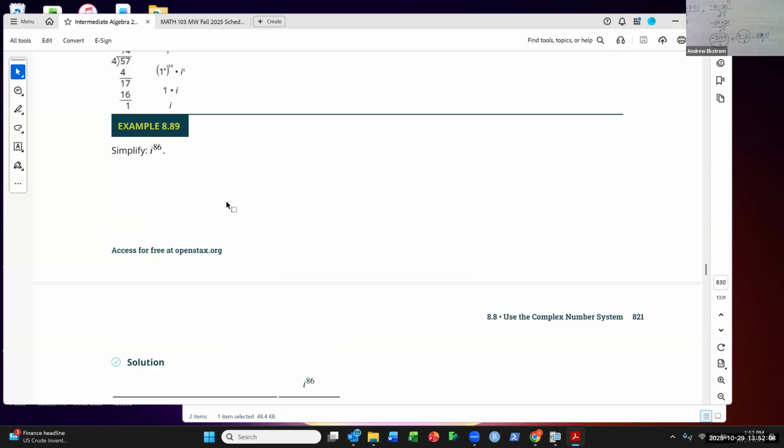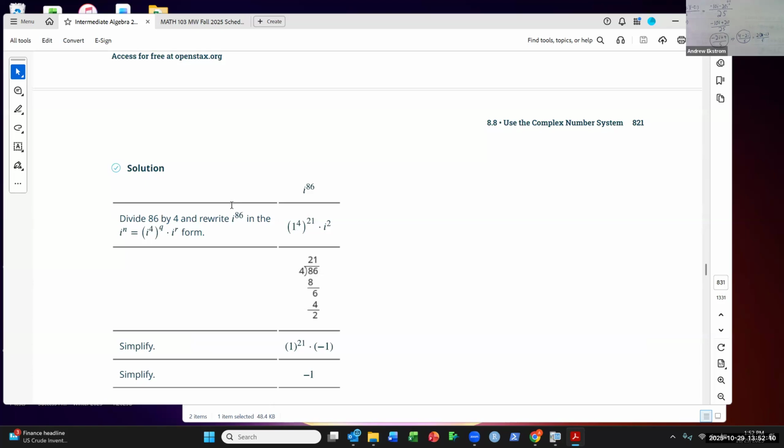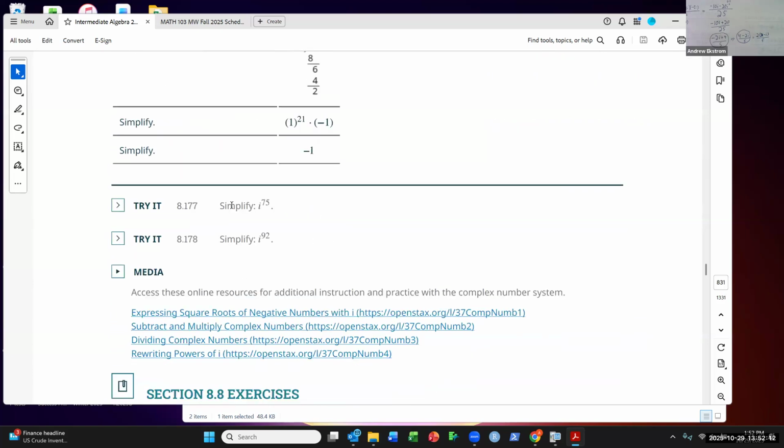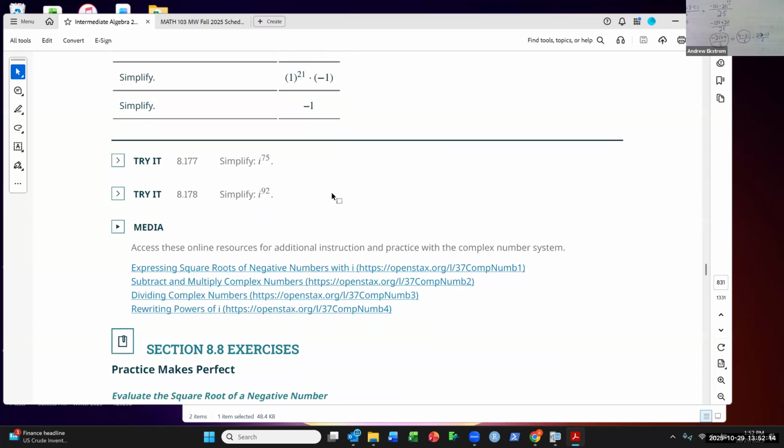So you can see what they're talking about here, breaking it down, break it down, break it down. So i to the 75th power, if we break it down to i^74, is 74 divisible by 2?